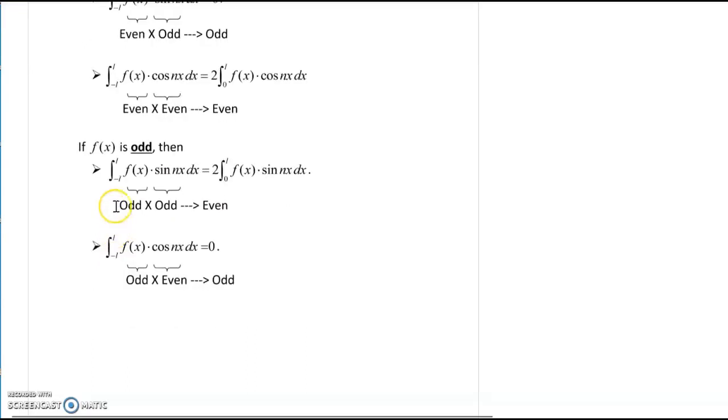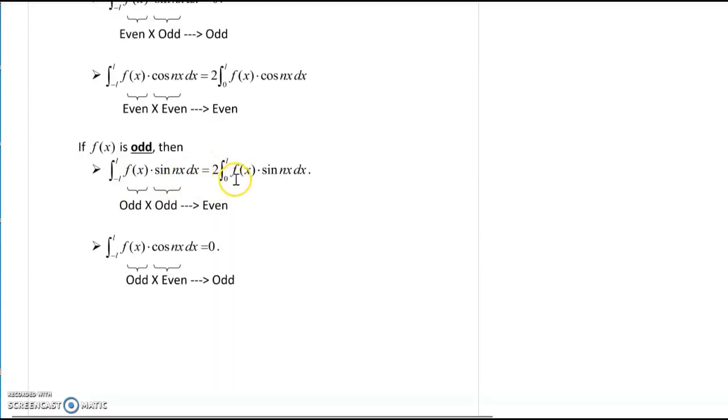And then if f(x) is odd, you multiply with the sine, which is odd, so the whole thing here will be even. When you integrate the even function from negative L to L, it goes back to the first property of the even function.